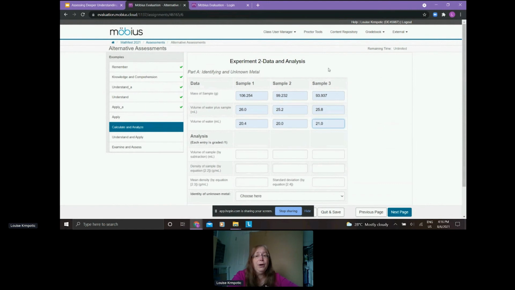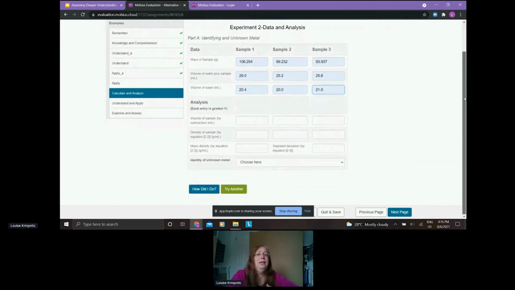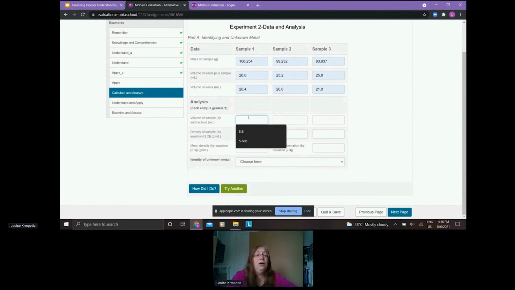Now the second part of this question is the analysis part. So just like they would do in a lab, it's like, okay, so what is the volume of the sample? So here they're going to take the volume of the water plus the sample and subtract the volume of the water. And so now they go through and they do all of this calculation, and then they have to determine the density of the sample.